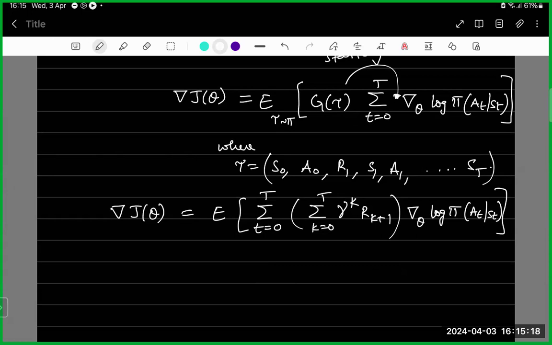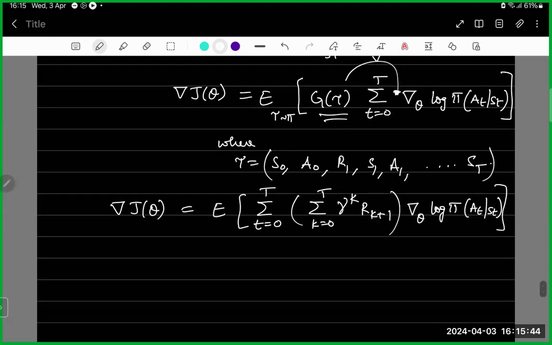Here, instead of G tau, we want to make it GT. What is GT? The return that you get starting from time t. G tau is the return starting from time 0, because that's the return for the whole trajectory. We are using the baseline trick to replace G tau with GT.